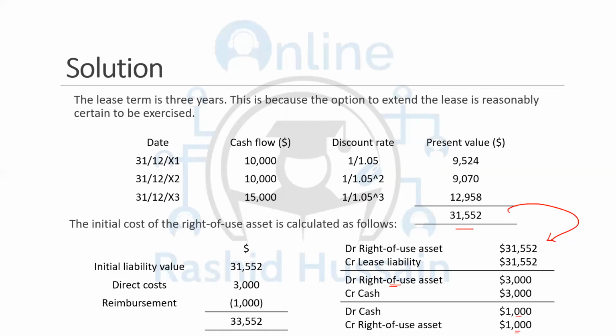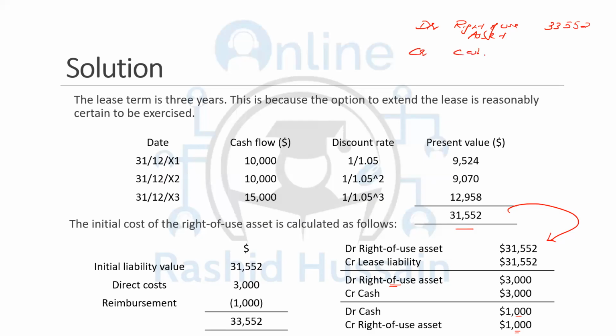This was reimbursed. So the collective double entry would be debit right of use asset by 33,552, because 31,552 is the initial value of the obligation plus 2,000. So 33,552.